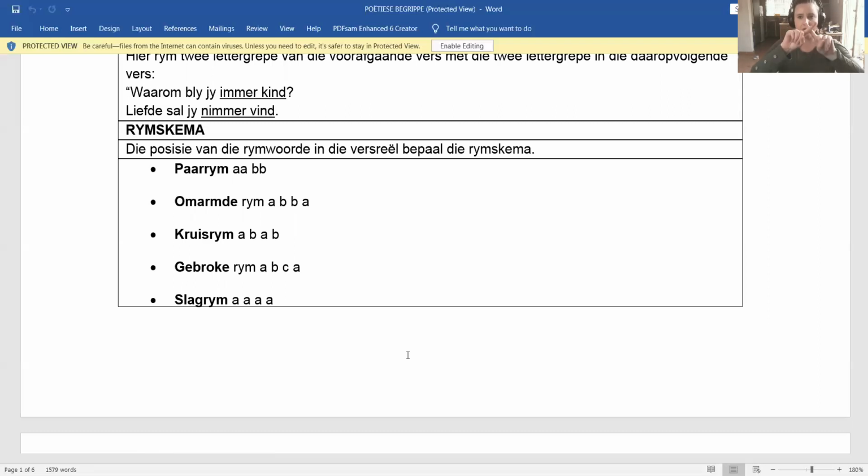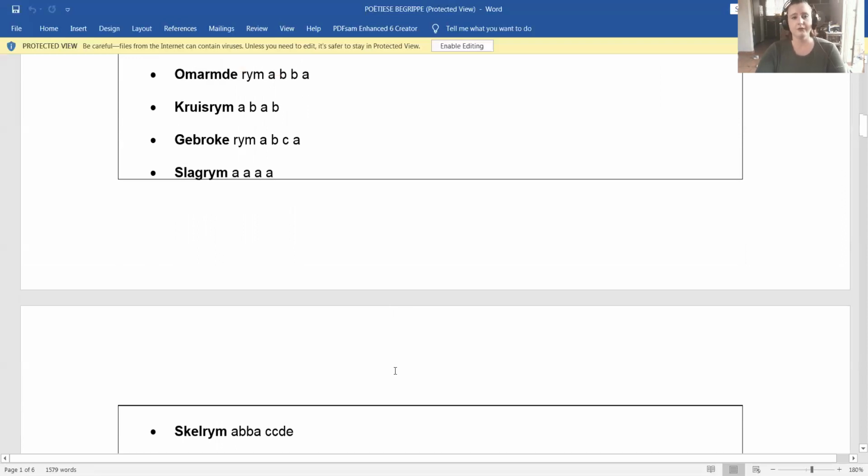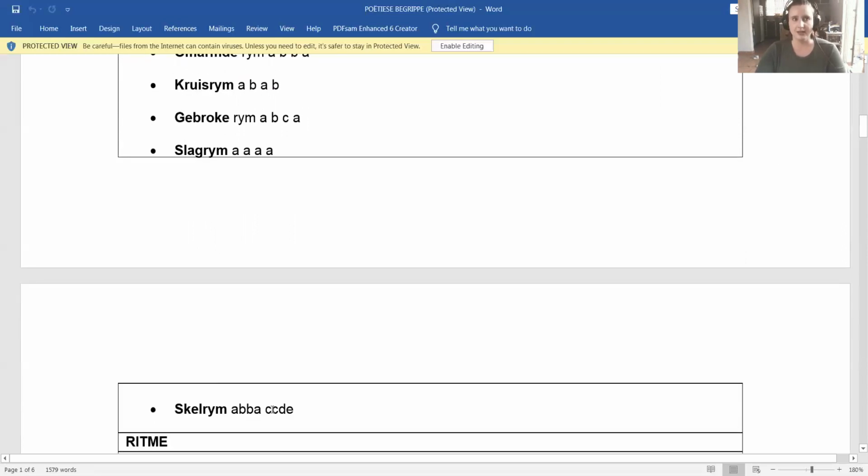Okay, then you've got cross rhyme, which is A, B, A, B. Then you've got broken rhyme, which is basically everything is all over the place. Then you've got slagrym, which is the same all around. So it's A, A, A, A, A. And then you've got skelrym, which is where you've got A, B, B, A, C, C, D, E. So the first part of it is omarmde rym, and then suddenly it's like, whoops, what's going on? Okay.